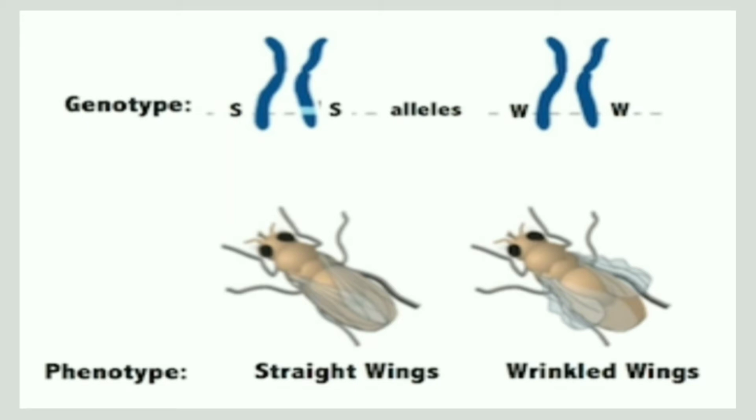Whereas in the case of wrinkled wings, that is, if the fly is having a wrinkled wing, then the genotype of the wrinkled wing is small w and small w. So this is the difference of genotype as well as phenotype. That is, phenotype is the observable trait, whereas genotype is the genetic makeup, that is, it is present within the chromosome.